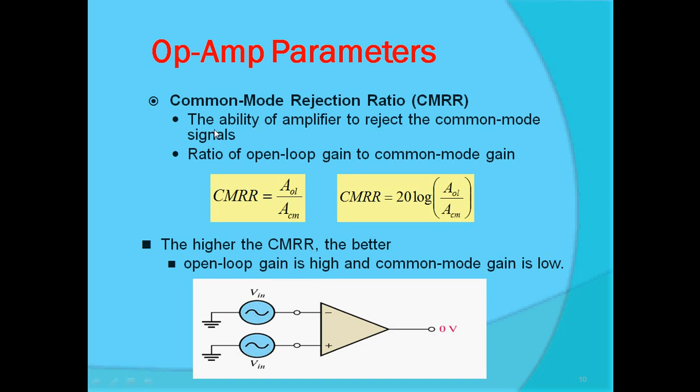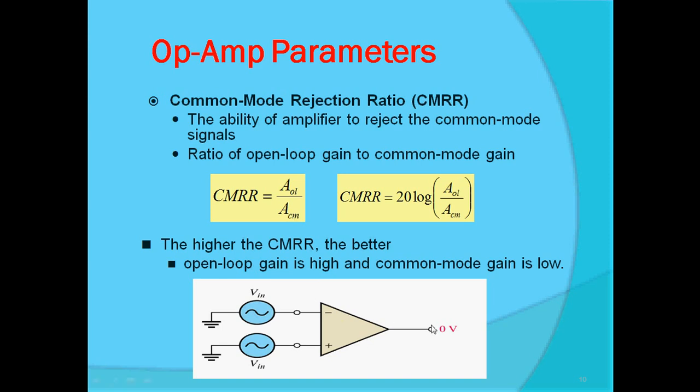Now we want to define common mode rejection ratio. This is nothing but the ability of an amplifier to reject the common mode signals. Mathematically, it is the ratio of open loop gain to the common mode gain. That is, CMRR is AOL, the open loop gain, to the common mode gain ACM.